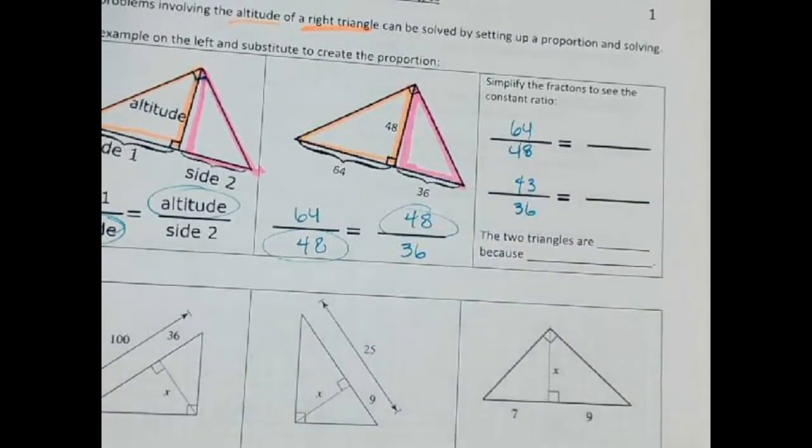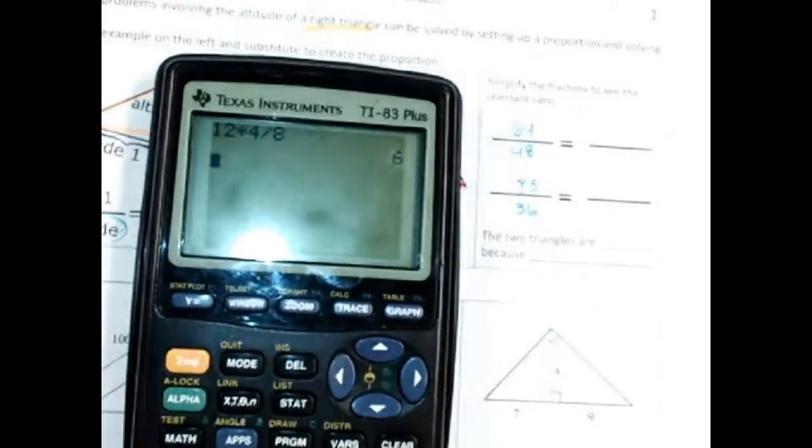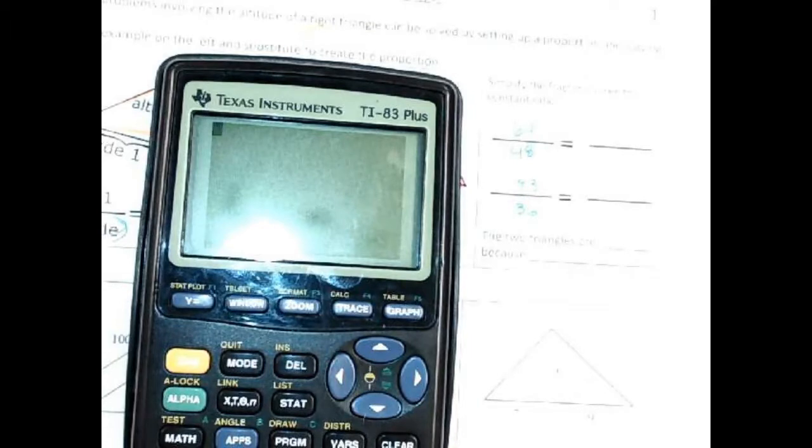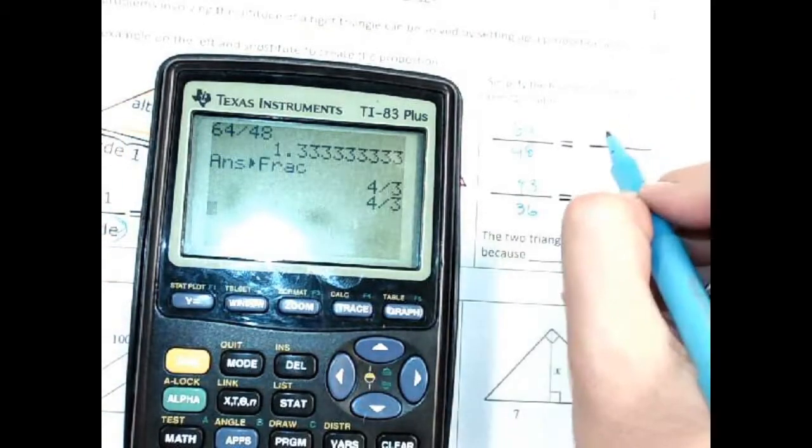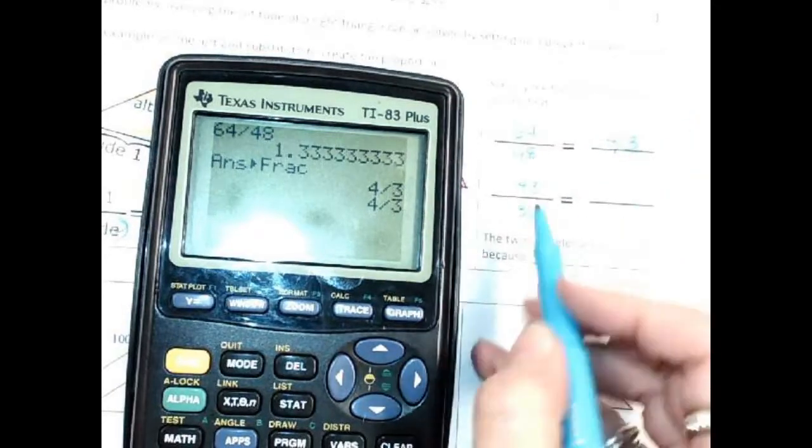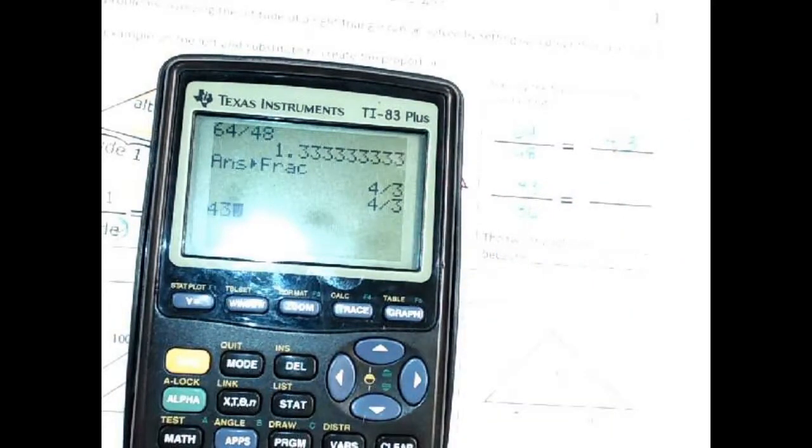So I can put these in my calculator to test if these things are actually equal. I just do 64 divided by 48. But that gives me this ugly decimal. Remember how to change this to a fraction. Do math, and then the first thing it says there is fraction. You do enter. And it tells me that that's equal to 4/3. Now I'm going to do it with this one. 48 divided by 36.